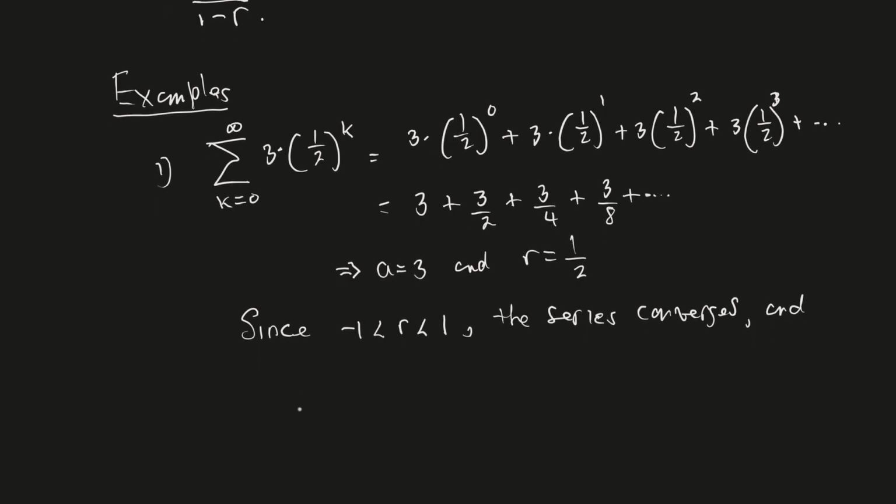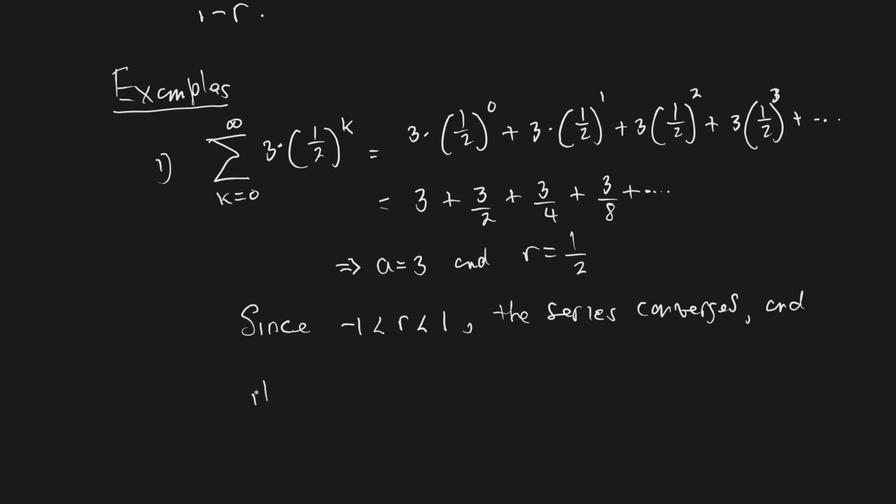What does it add up to? So I'm going to write down the original thing. Here is our original series. It's geometric. We now know that it converges, and then we use that formula, a over 1 minus r.